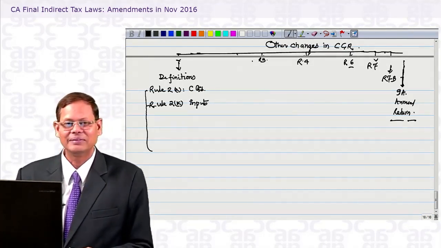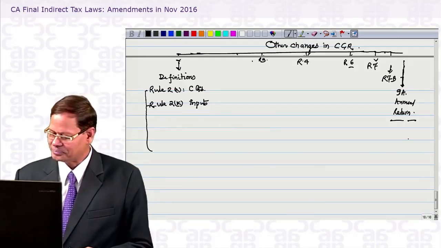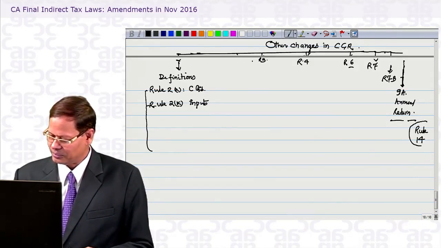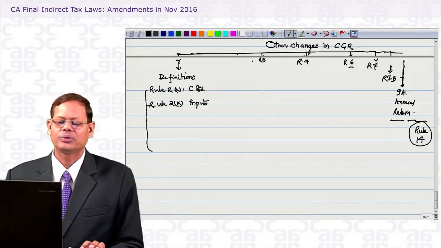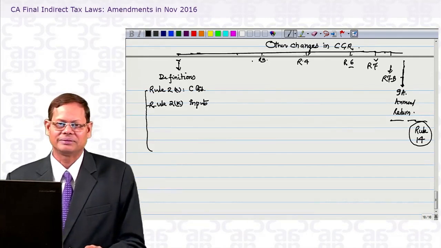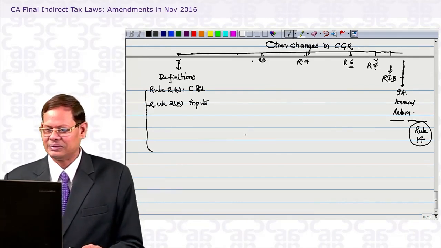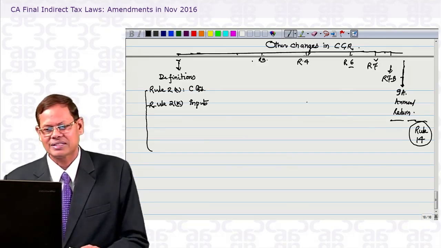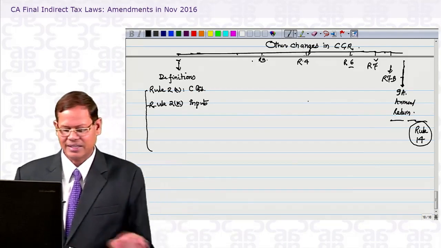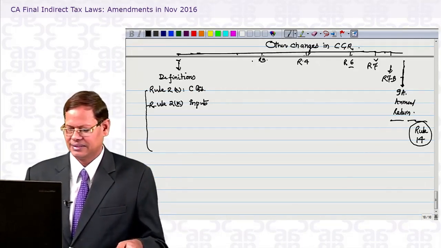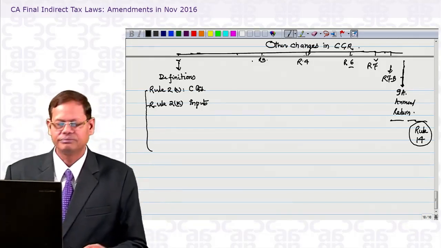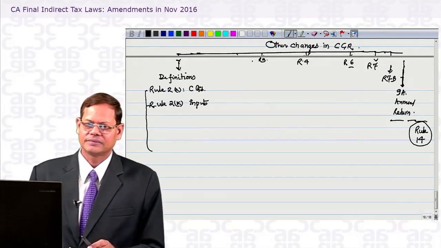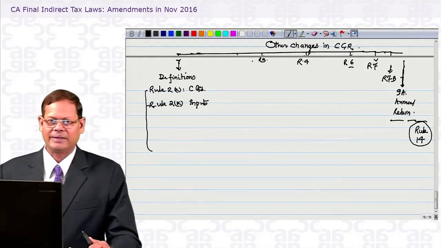But anyway, there is a change in rule 14. It is the recovery rule. If there is something wrong, the government has a mechanism to recover. So these are the areas where we have changes. We will look into these changes one by one, carefully and coolly. We'll be back. Okay?